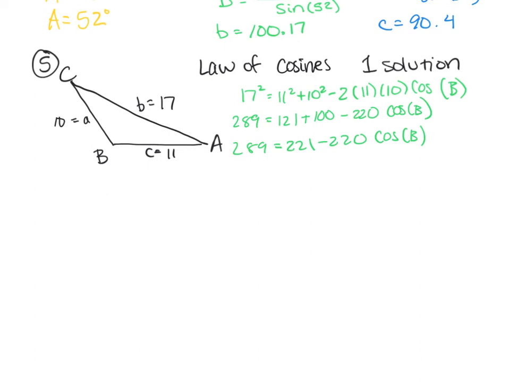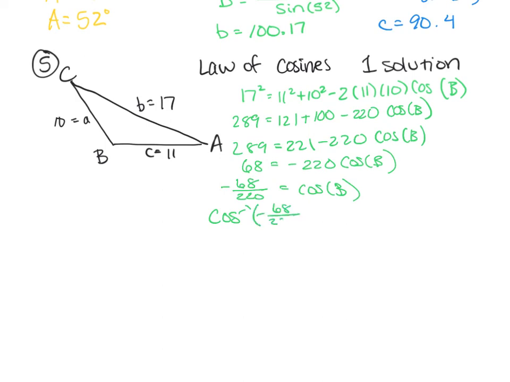So instead, I'm going to subtract 221 on both sides and get 68 is equal to negative 220 cosine of B. Then to get B by itself, I'm going to divide both sides by negative 220. And then to officially get B by itself, I'm going to use cosine inverse on both sides. So we get cosine inverse of negative 68 over 220 is equal to B.